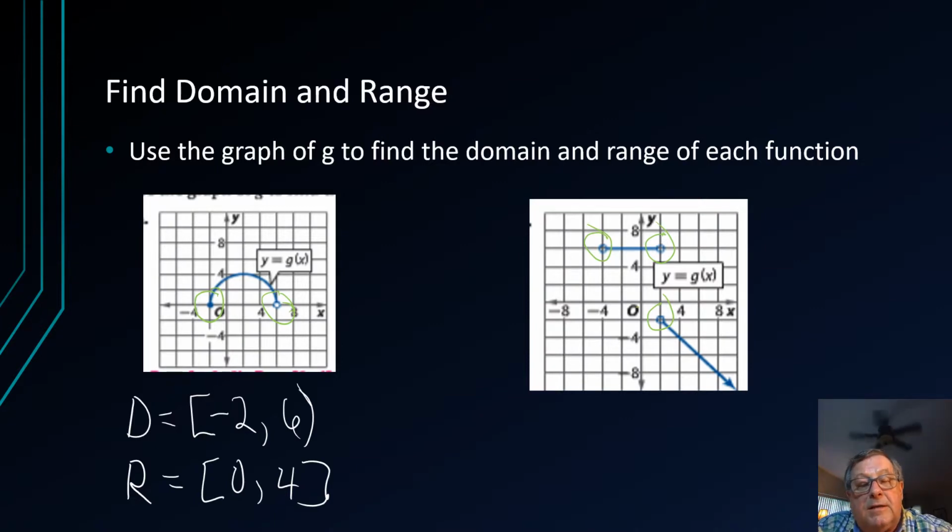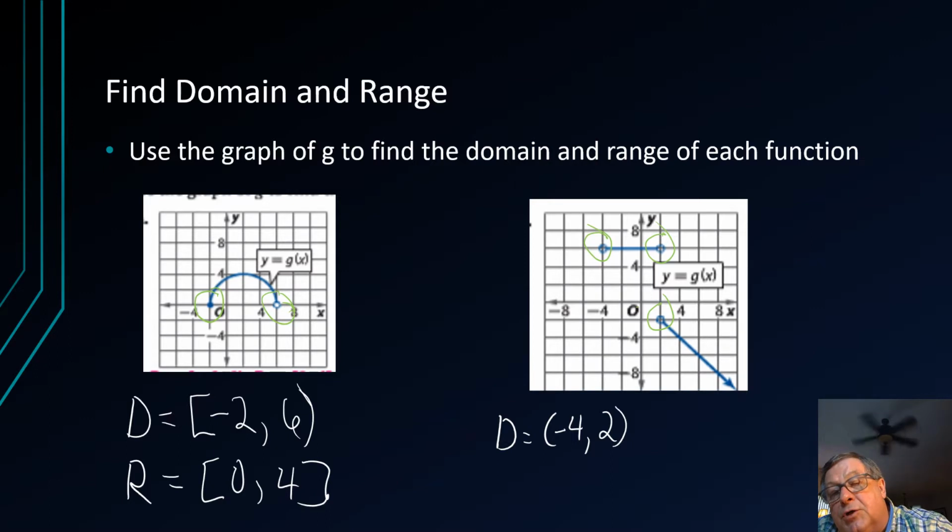So let's describe our domain. Our domain is equal to, in parentheses first, because it does not equal -4, -4, comma, 2, parenthesis.